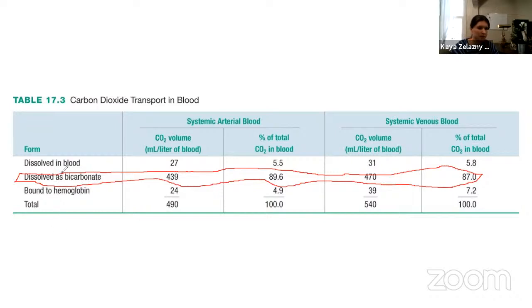There are other places we see carbon dioxide. We do see some directly dissolved in the plasma. We do see some bound to hemoglobin, not to the heme group. It's not competitive with oxygen the way carbon monoxide was, but it can bind onto hemoglobin as well. But most of it is going to be dissolved as bicarbonate.